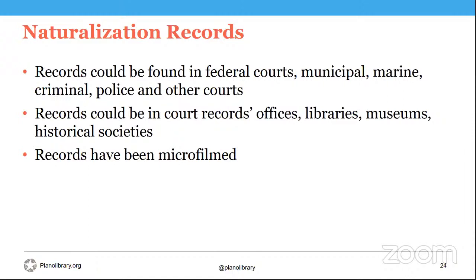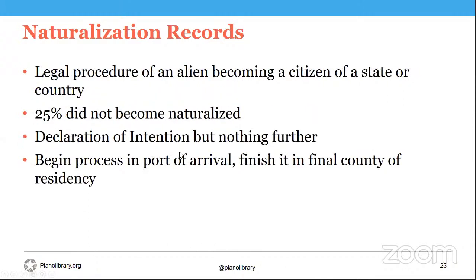Most of the records were microfilmed, again, just like with others, because it is a government document. And so hopefully they're microfilmed and stored. We have some for Texas naturalization records. We have some records in books for different states, but it's an index or an abstract, not the records themselves. And sometimes you're not going to find a naturalization record, you're going to find a declaration of intent.